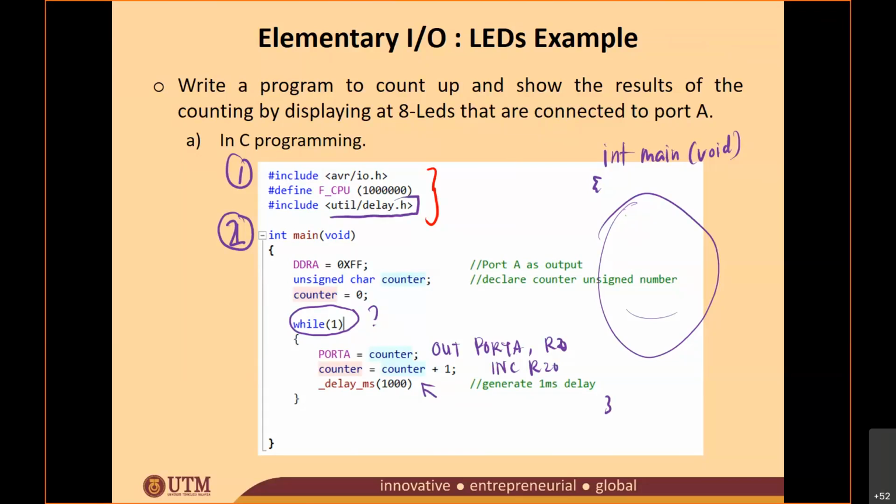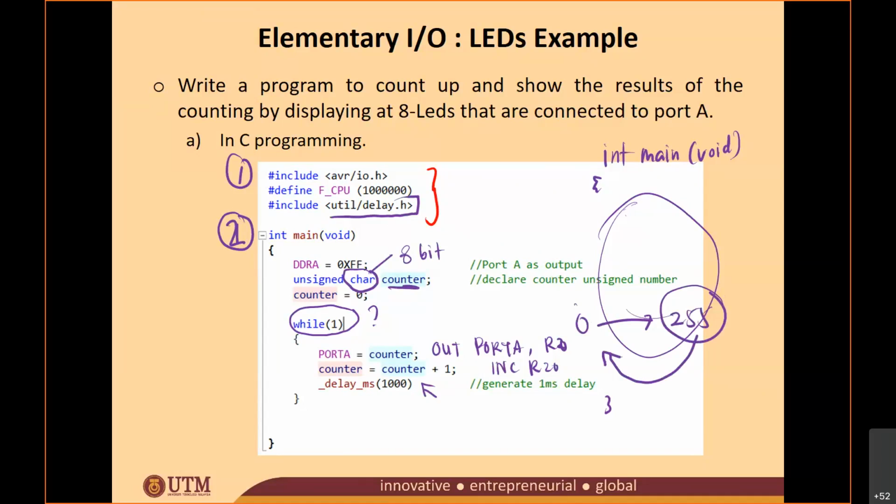Then this will keep looping continuously. We started with 0, and it keeps counting until 255, and once it reaches 255, it will revert back to 0. Why 255? Because you already declared that your counter here has size char, which is 8-bit wide.